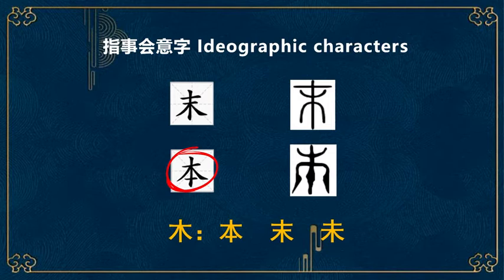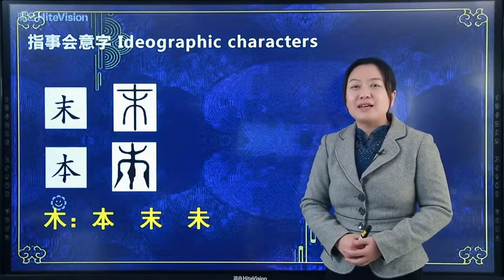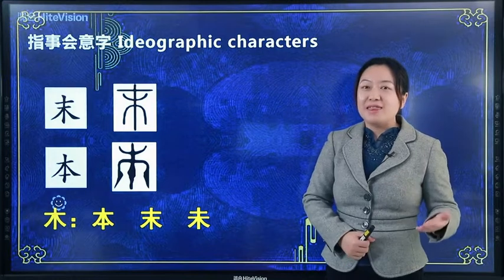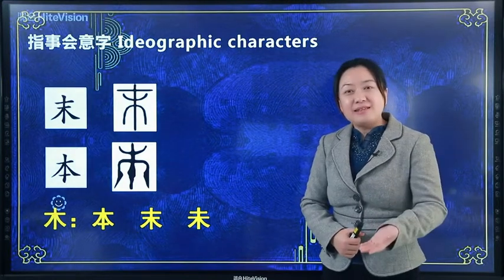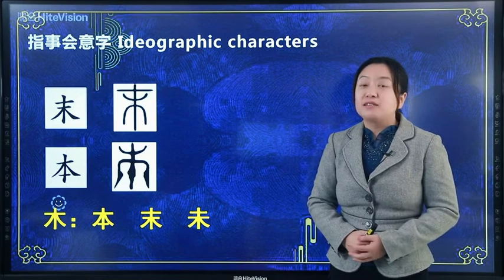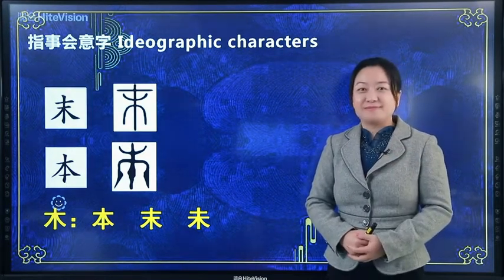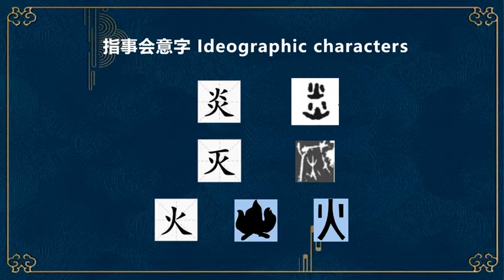Therefore, this character 本 means important, something that can't be missing. So, when you see words with this character in them, 本源, 根本, 本性, you can guess this word means very important things.